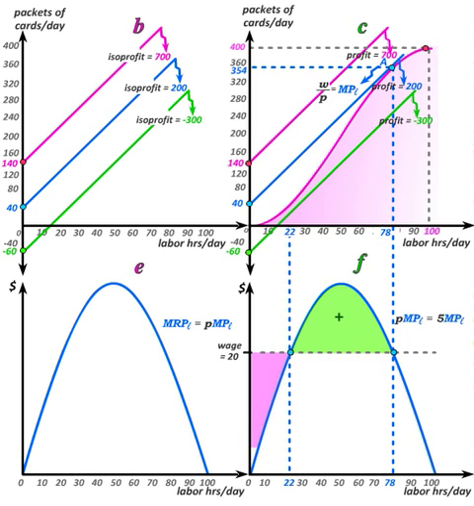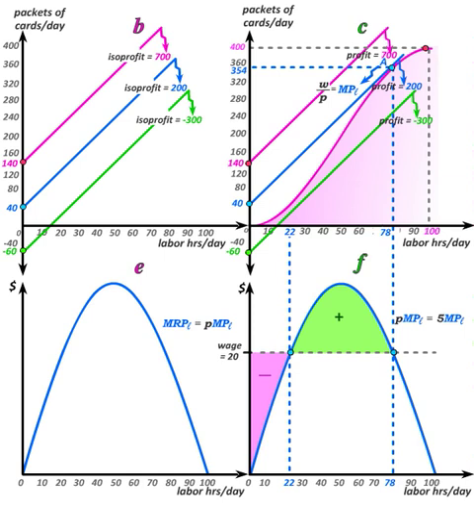Therefore, we can represent the area where I make money on workers as the green shaded area, and the area where I lose money on workers as the negative magenta shaded area. If I produce, I'm going to want to produce with 78 hours of labor, because at that point I'll have exhausted the entire positive area, and if I hire any more worker hours, the marginal revenue product falls below the wage again, which means I'll lose money on any additional worker hours that I hire.